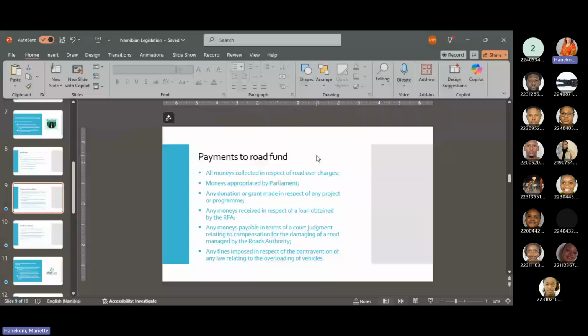Money put into the fund by the government, by Parliament. Road user charges go into the road fund, and then some other minor aspects as well. Two main sources of funds are monies collected in respect of road user charges and money appropriated by Parliament.